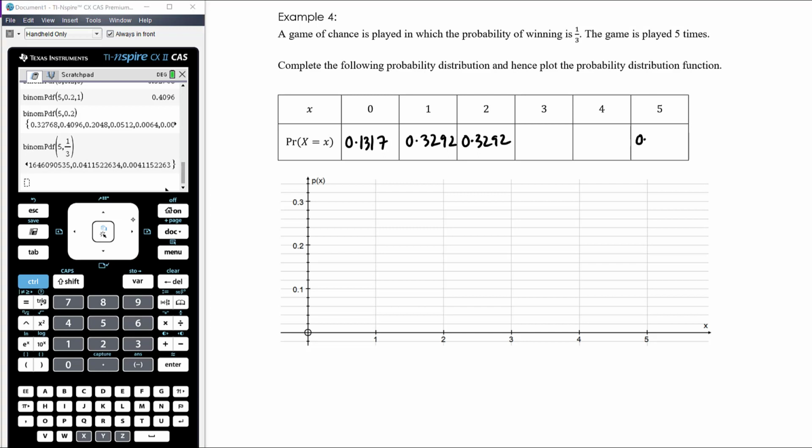I'll go from the other end and then I'll go back to the middle. 0.0041. 0.0412, correct to 4 decimal places. I just need to scroll along manually to get that one in the middle that I couldn't quite see on either end. So there it is, 0.1646. And then it's just about plotting those values.